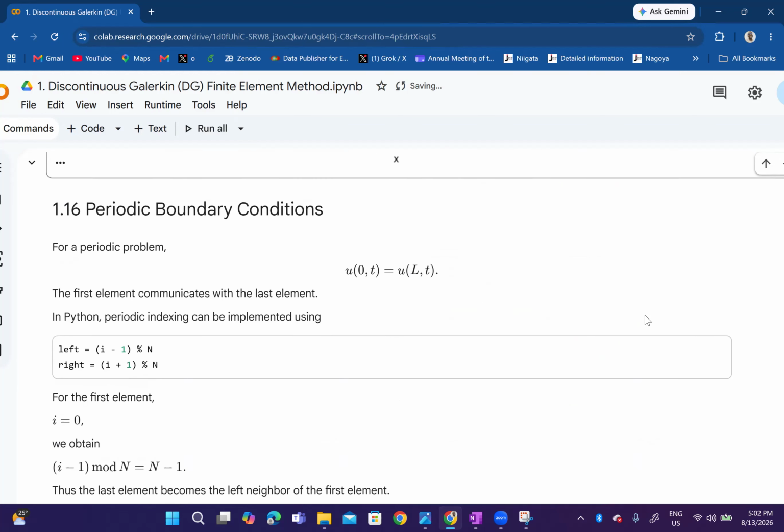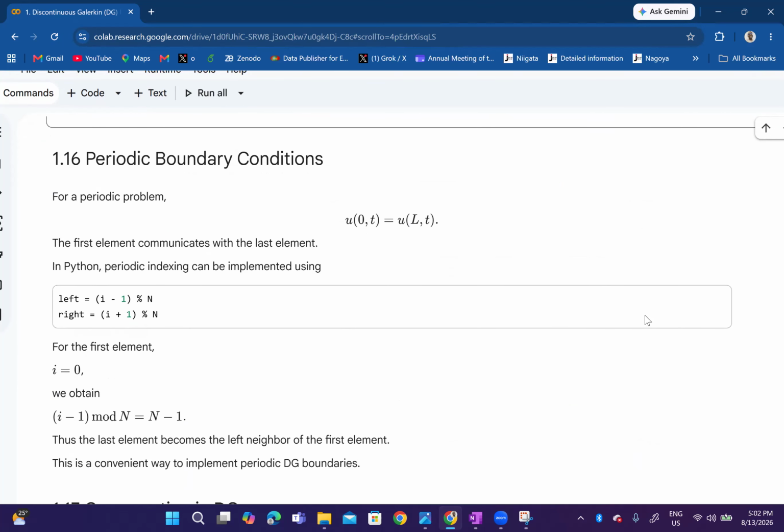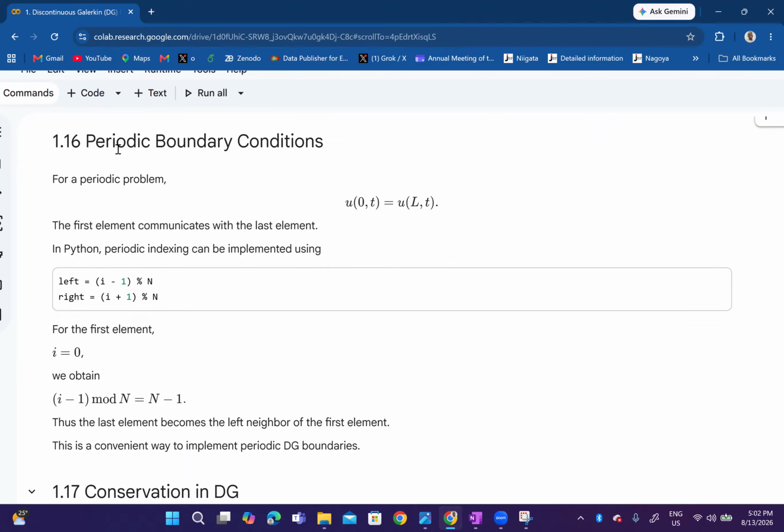Then let's talk about periodic boundary conditions here. For a periodic problem, u of 0 comma t is equal to u of L comma t. So the first element communicates with the last element because they are equal. In Python, periodic indexing can be implemented using this.